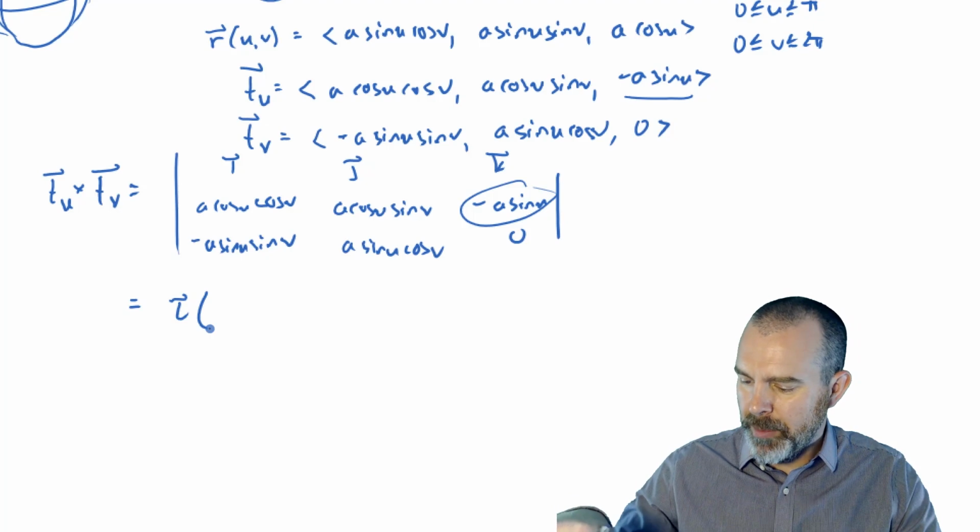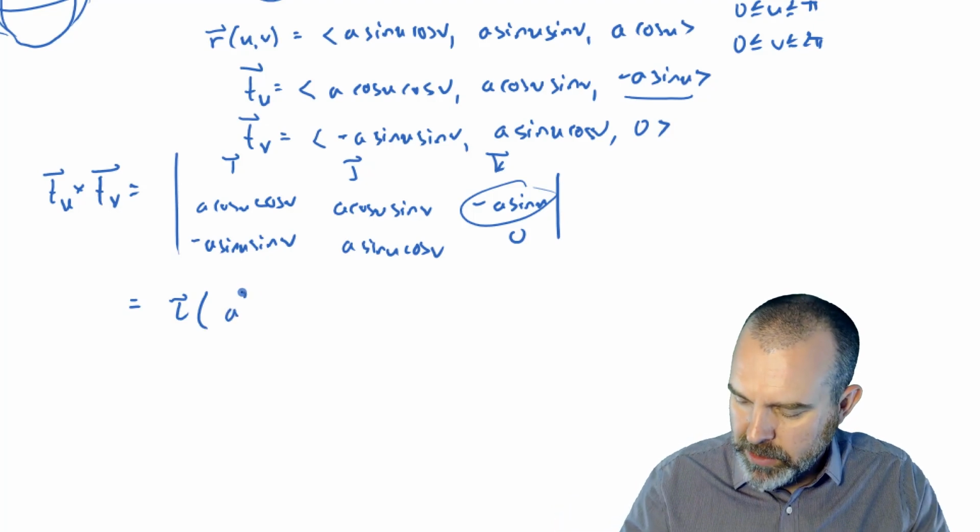The 0, j will be gone, and then it'll end up being plus a squared sine squared u cosine v.